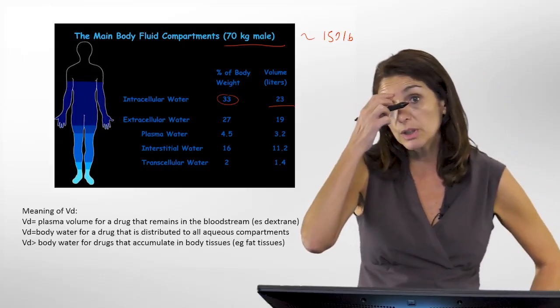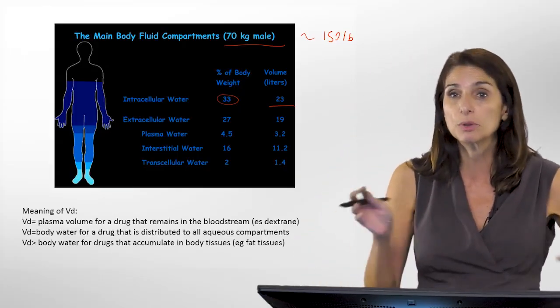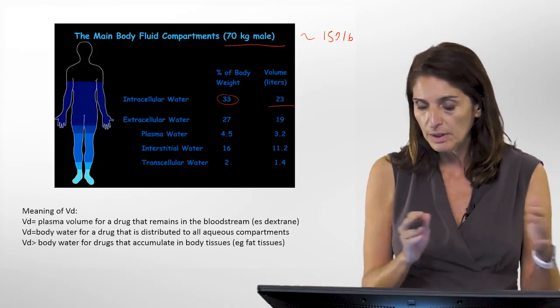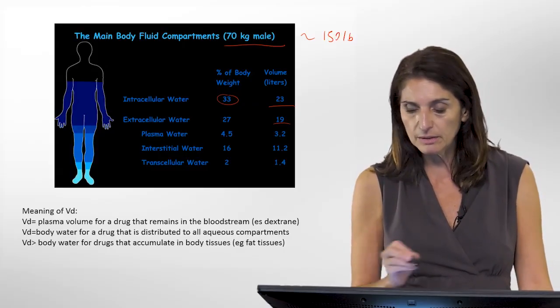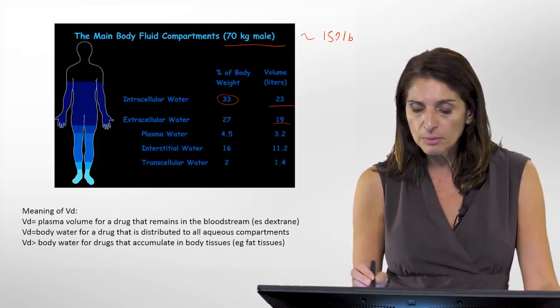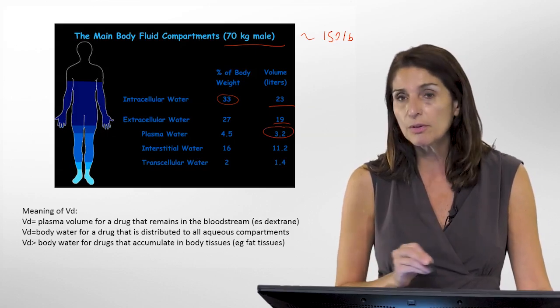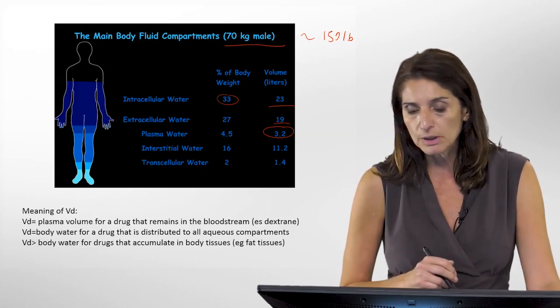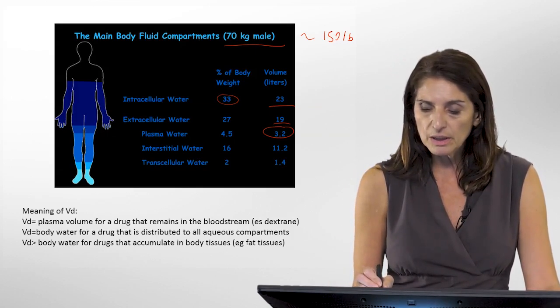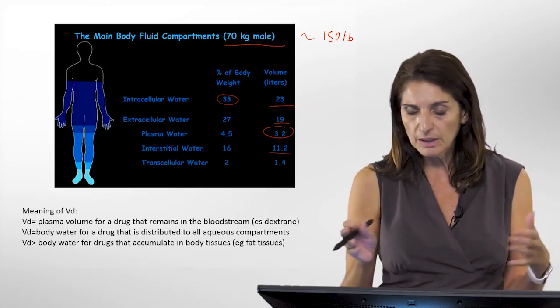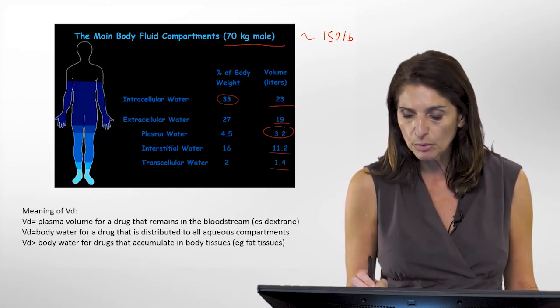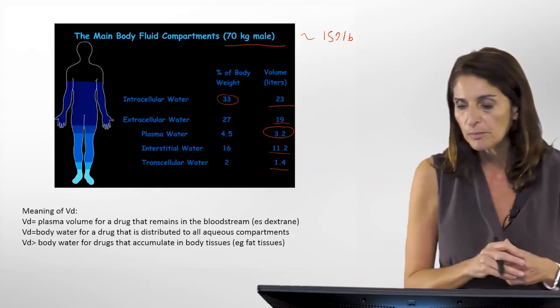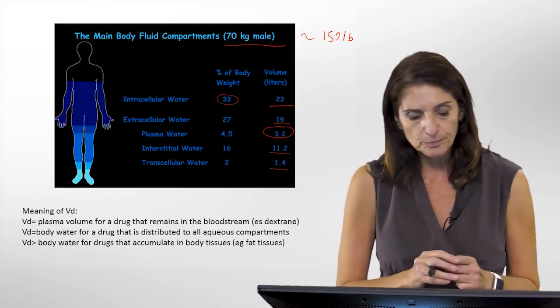Extracellular water, so water that is found in the tissues within cells, is about 19 liters. Plasma water, so the water in the bloodstream, is about 3.2 liters. Water in the interstitials, again, between tissues, and transcellular water are only a smaller fraction.